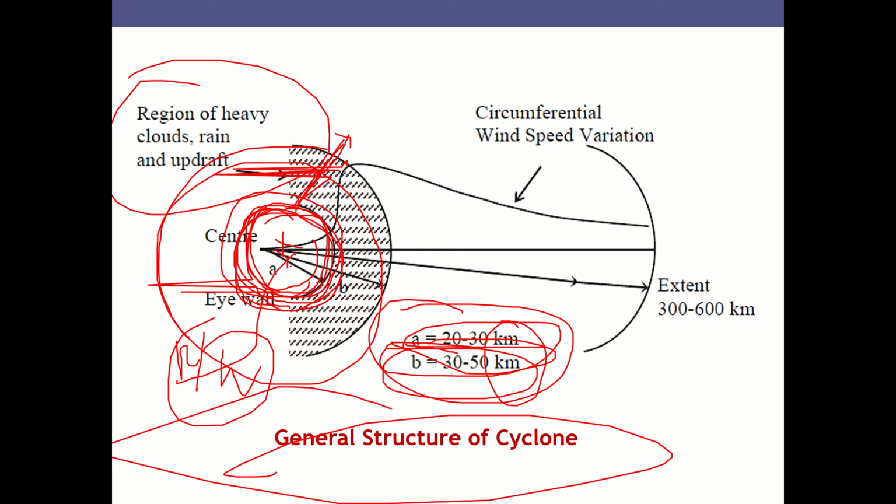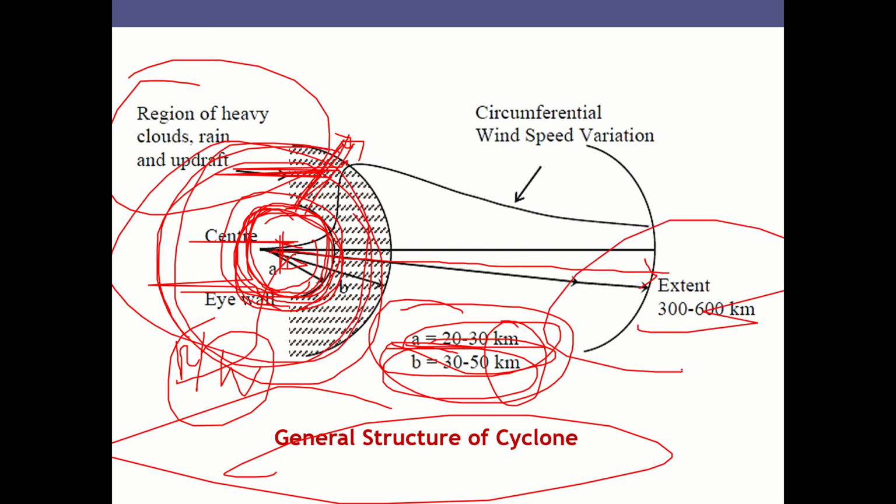One is the eye, which can extend up to 30 kilometers in radius, followed by another wind pressure zone where the actual destruction or impact can be observed. Apart from that, the extent of this particular cyclone can be felt up to 600 kilometers.